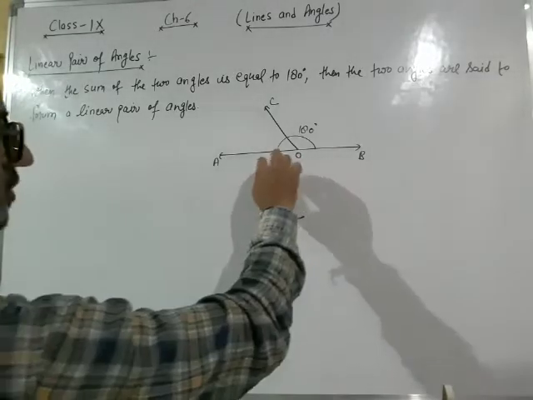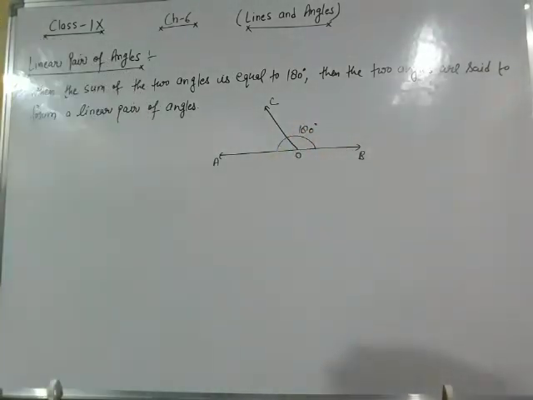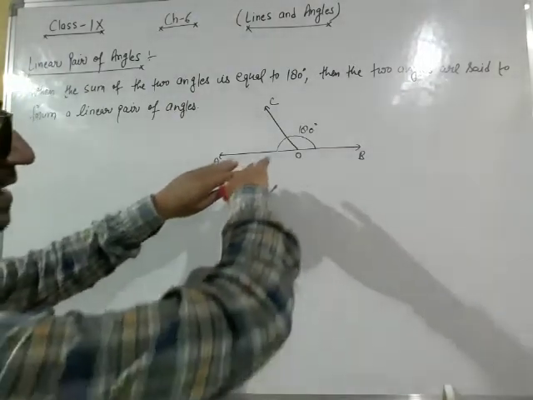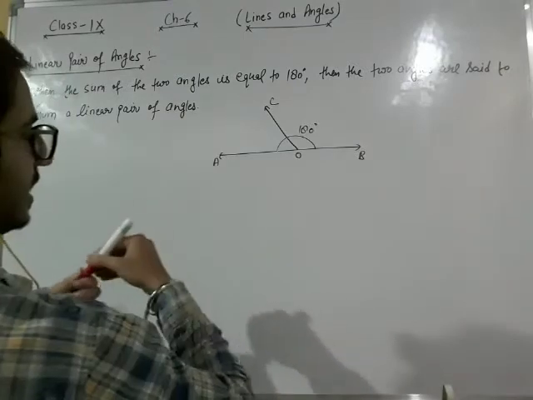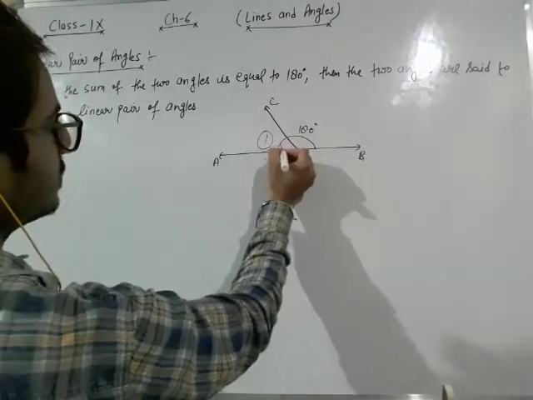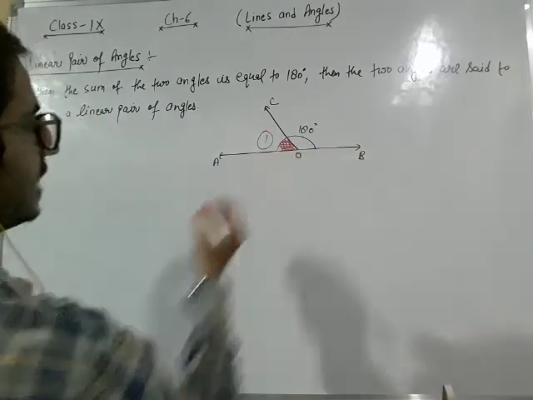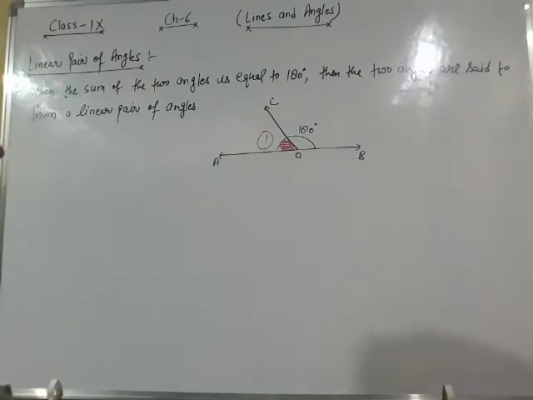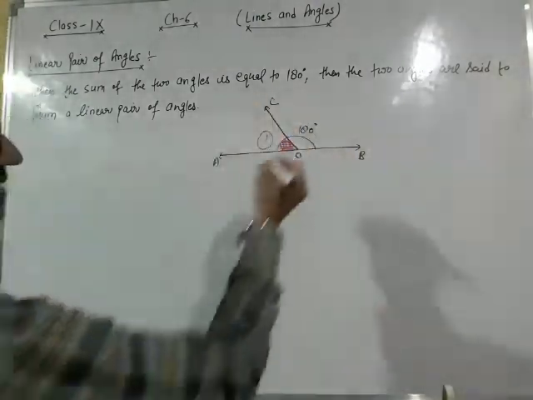we are converting the straight angle into two parts. We have divided or broken the angle AOB into two parts. The first part is angle AOC, and the second part is angle COB or angle BOC.